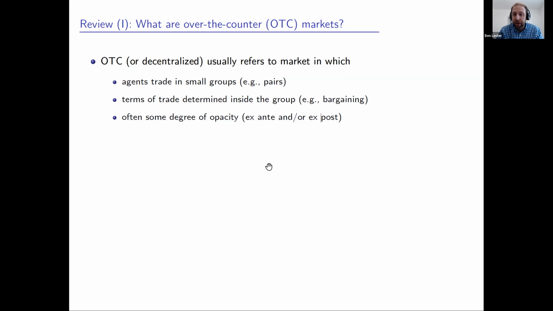But it's important to note that bilateral meetings with Nash bargaining, which you'll see often, is not necessary in any of these models. We can all think of markets and models that have been written to understand those markets, in which, for example, there are papers about housing markets, where you might imagine that for a particular house for sale, you have multilateral matching, so many buyers go to see a house.